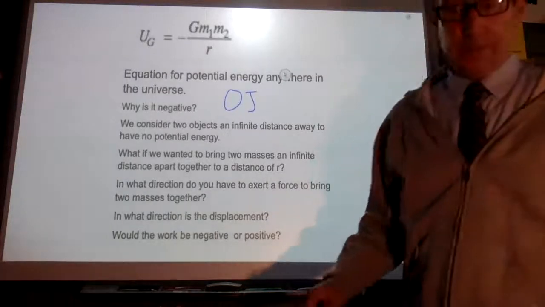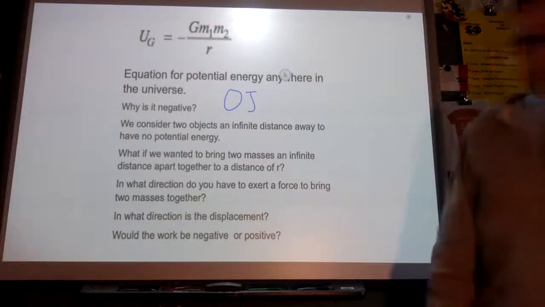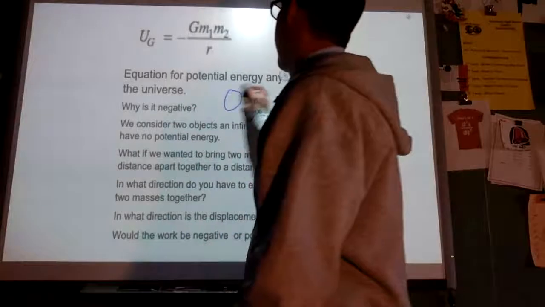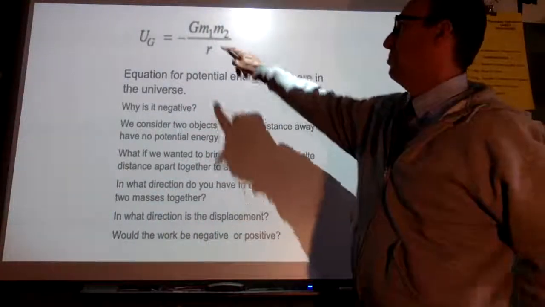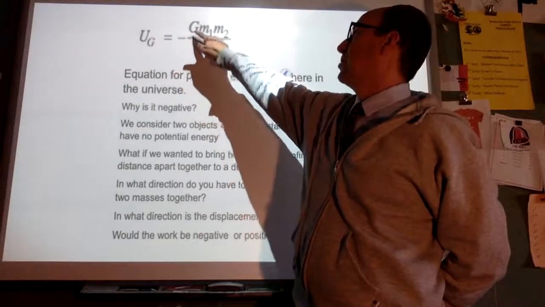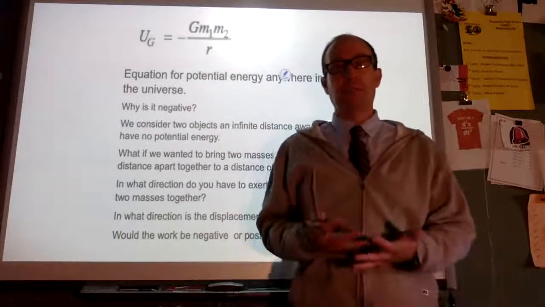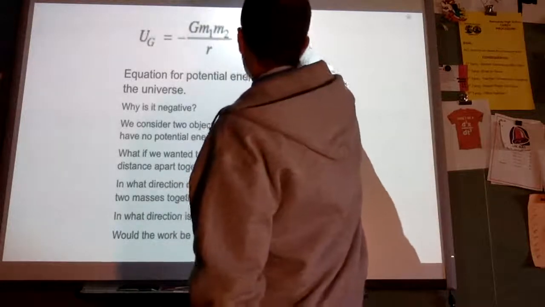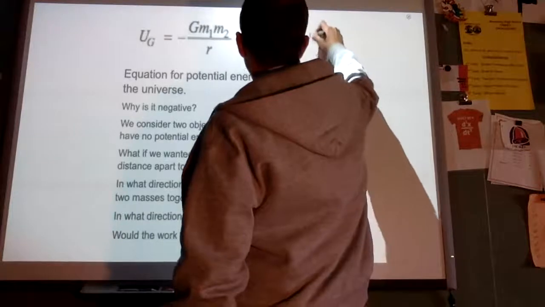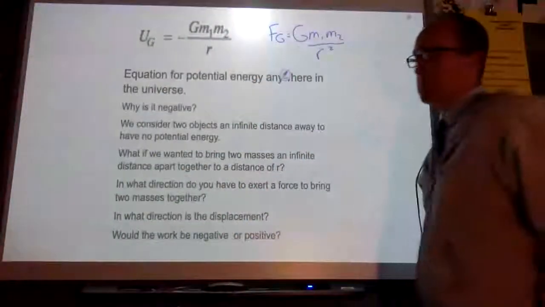Okay, so this potential energy for any two masses is equal to negative G M1 M2 over just R. Does this look familiar to you? Yeah, it does. It looks very much like the force of gravity.